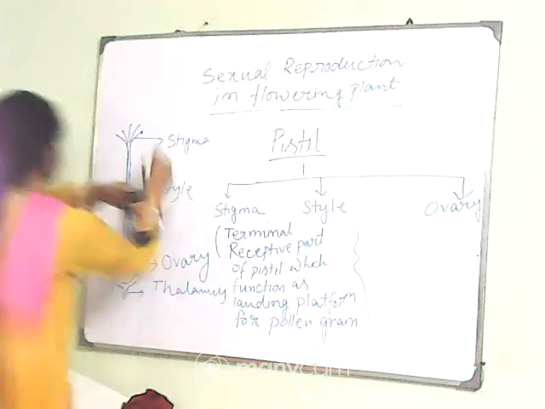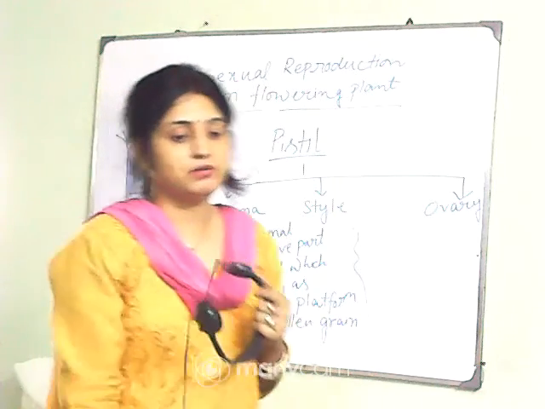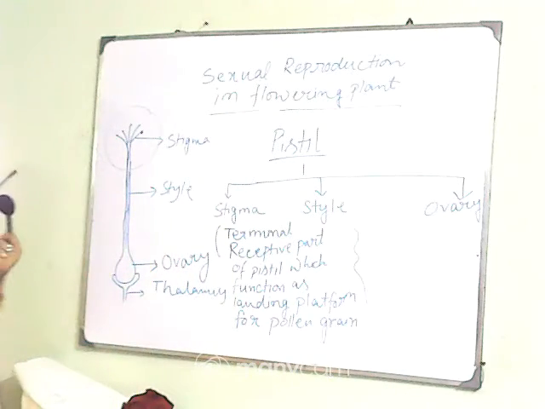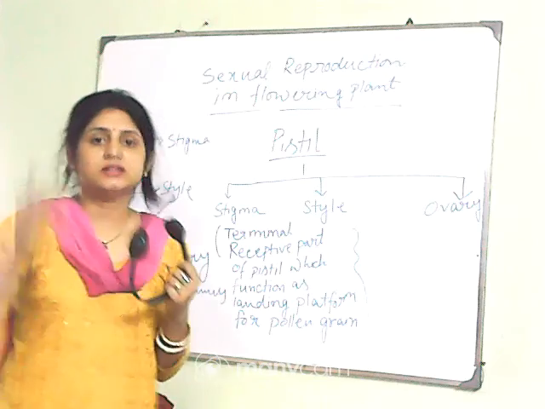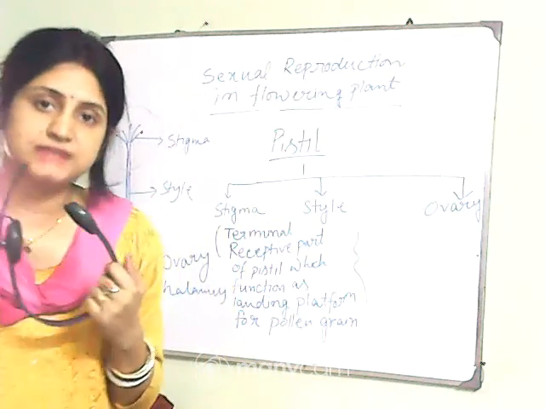So this head part of the pistil functions as the landing part of the pollen grain. The insects, or by air, wind, anything, carry the pollen grains, and first the pollen grains land on the receptive part, which is known as the stigma.